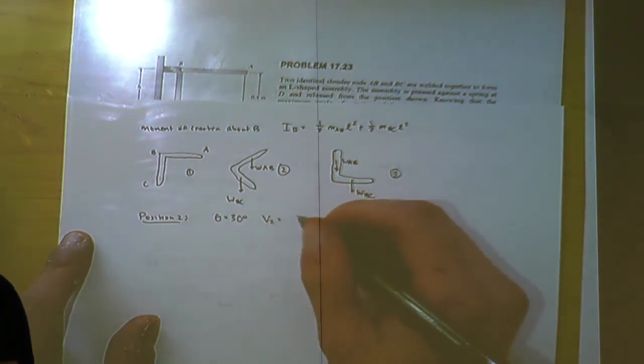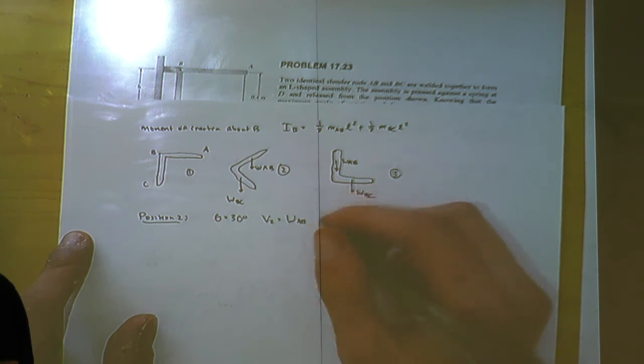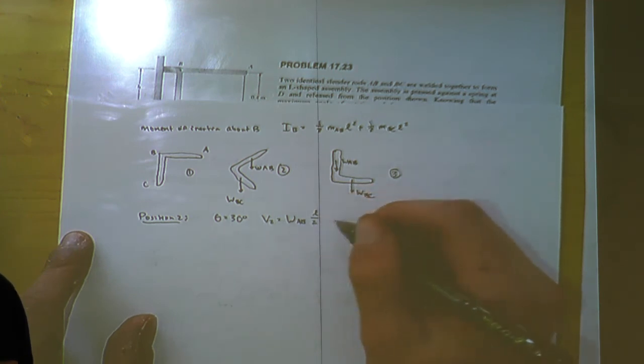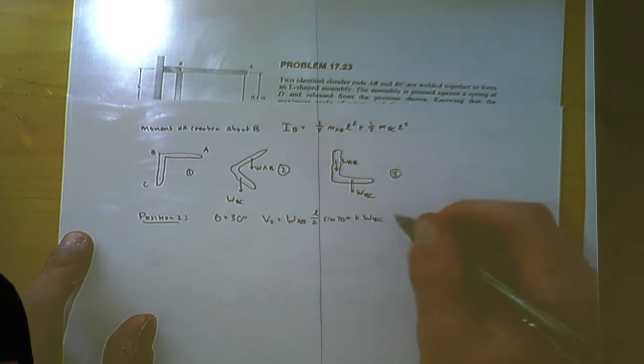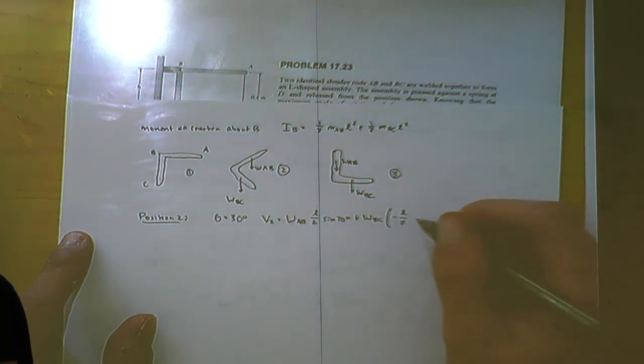So potential is going to be weight of AB, L over 2 times the sine of 30 degrees, plus the weight of BC times negative length over 2 cosine of 30.